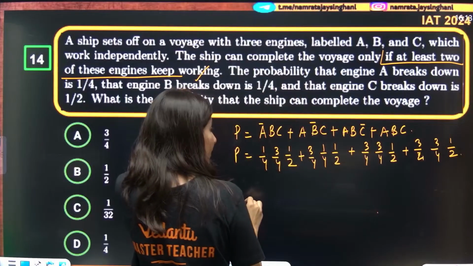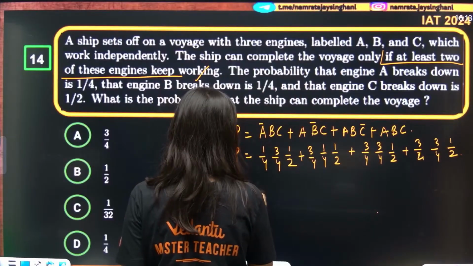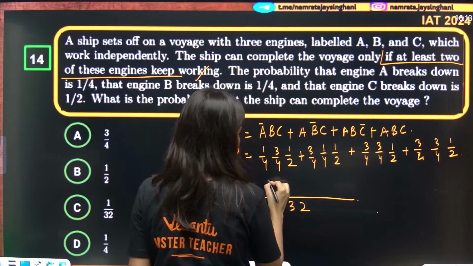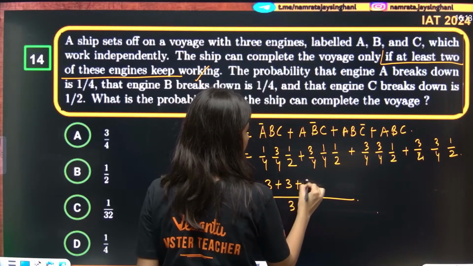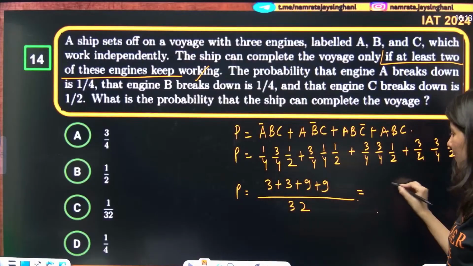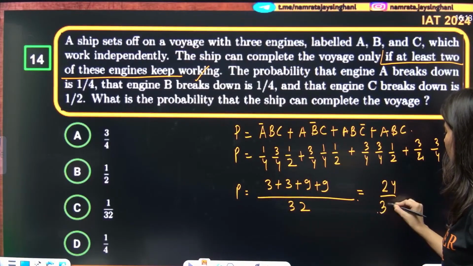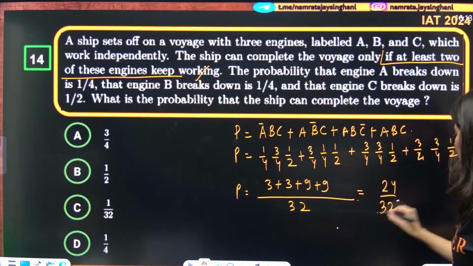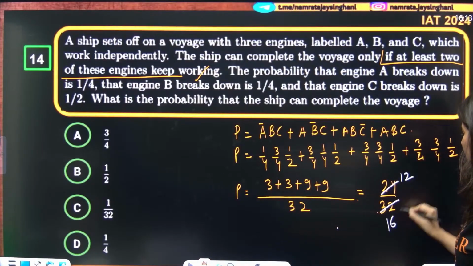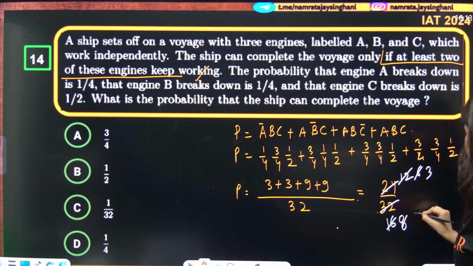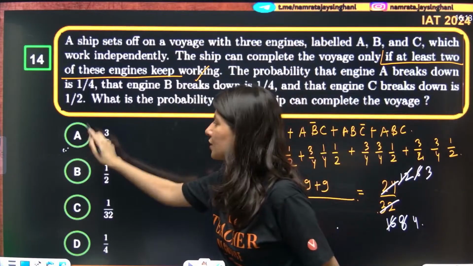So over here, probability is 4 4s are 16, 16 into 2, 32. So 3 plus 3 plus 9 plus 9, so 9 and 9, 18, 18 plus 6 is 24 by 32. Okay, 24 by 32. 16, 12, 8, 6, 3 by 4. 3 by 4, option A is absolutely right.